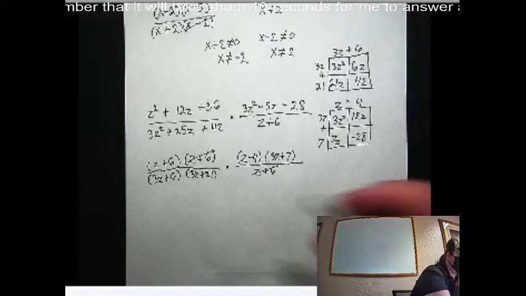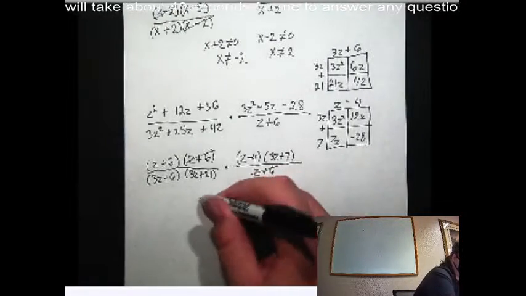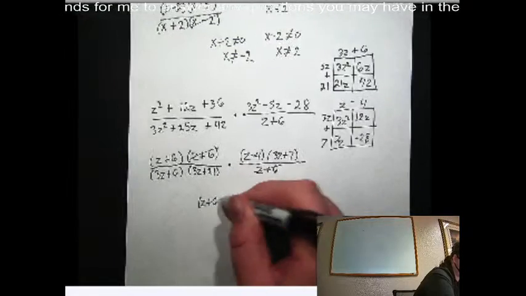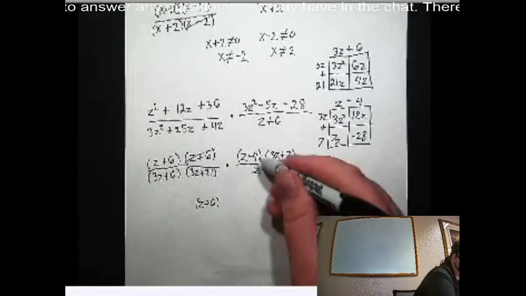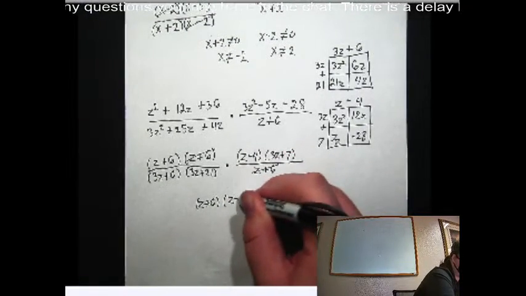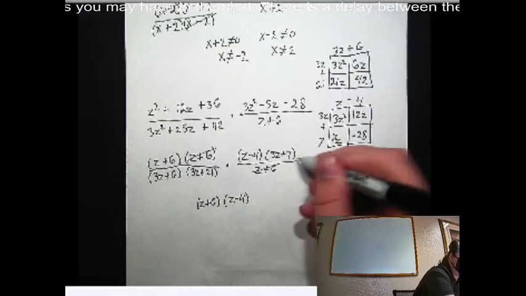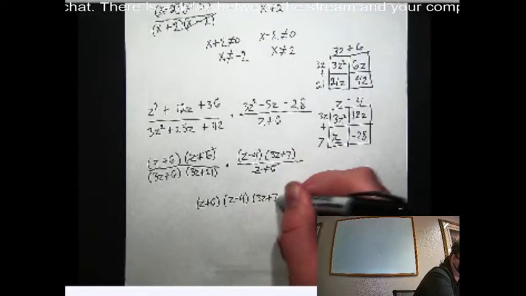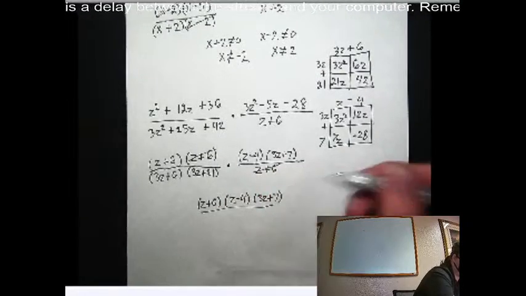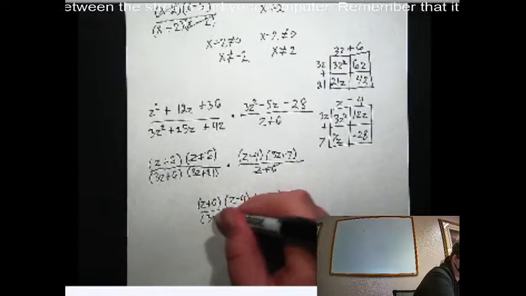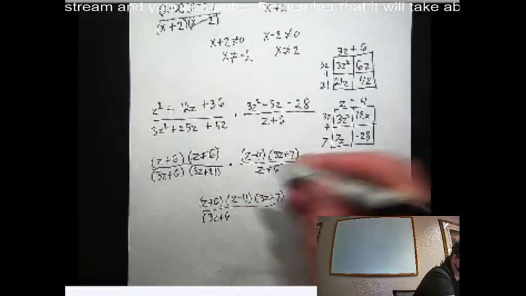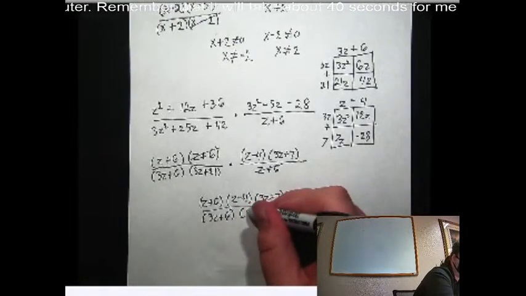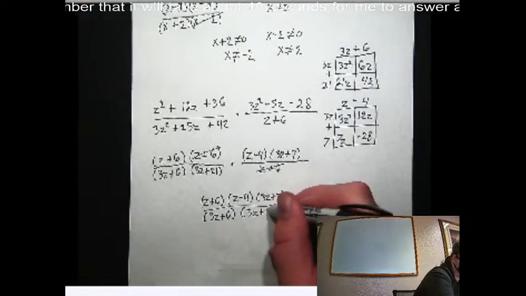So let's go ahead and combine everything together. So we have Z plus 6, Z minus 4, 3Z plus 7, 3Z plus 6, and 3Z plus 21.